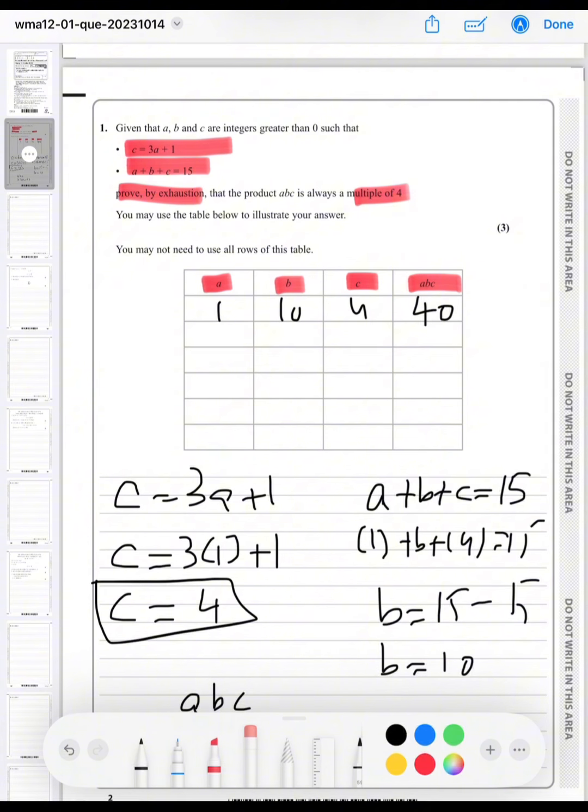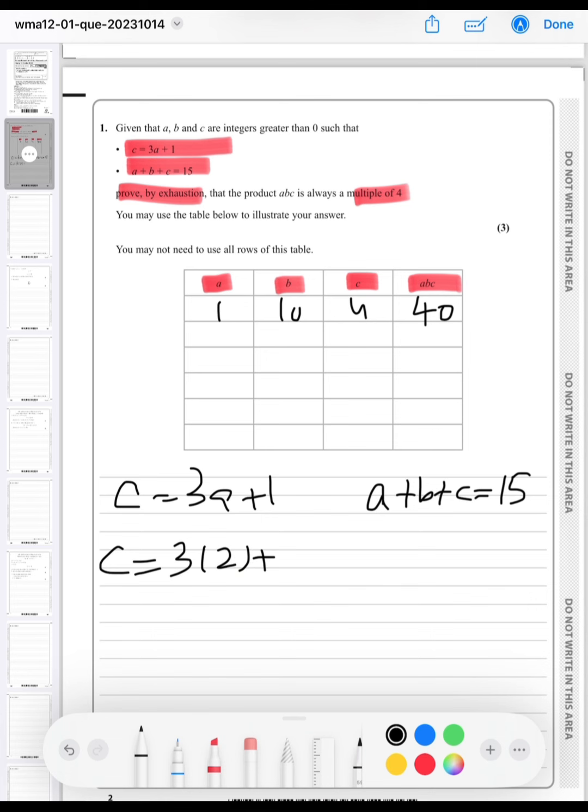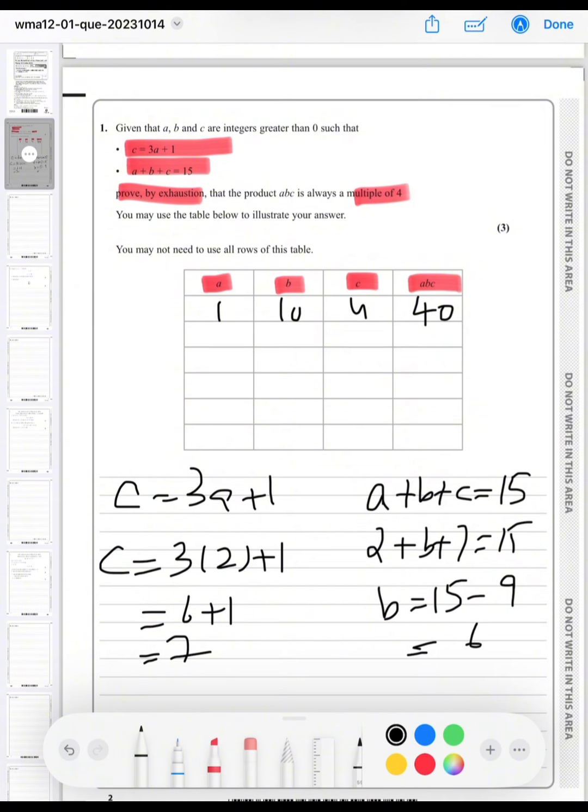So the next case, obviously I will go for 2, and I will check that by putting 2, am I getting the required result or not. So let us try 2. So c will be 7, and we have to find b, so this will be 15 minus 9, which will be 6.